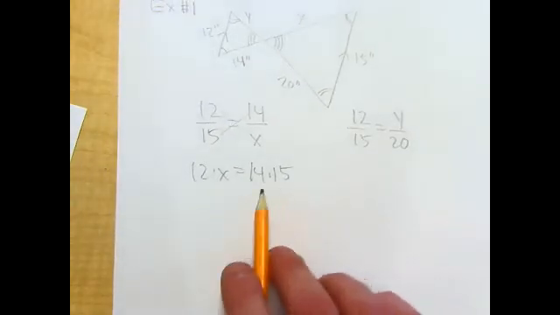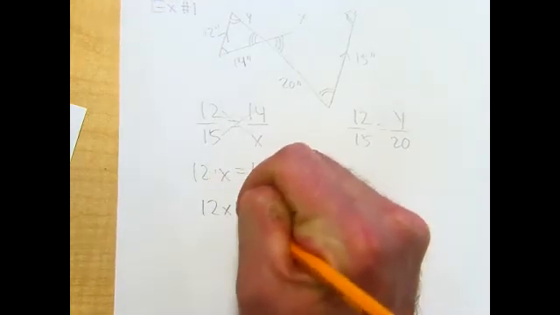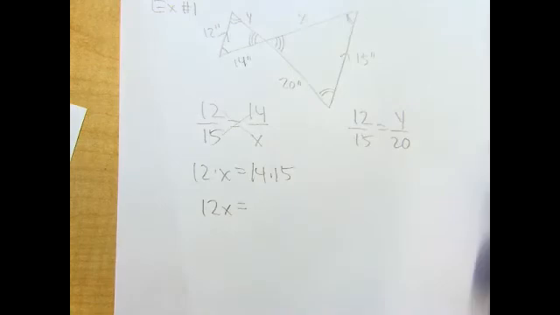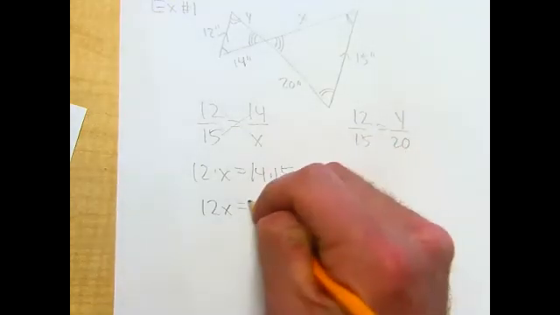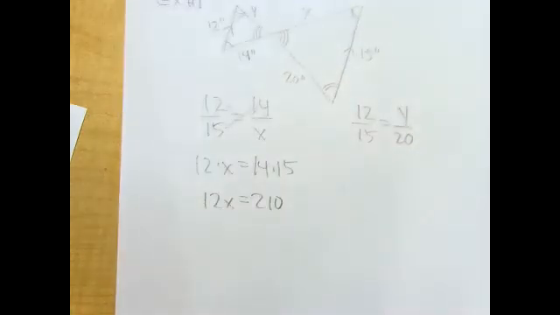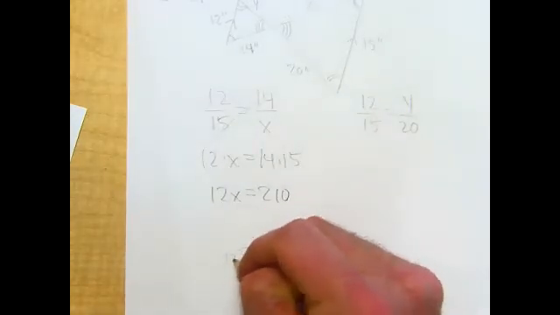And I'll tell you what, sometimes these numbers come out a little bit big, so if you needed to, you could stack that up and multiply it. I think it's 210, I believe. And then again, if you needed to, you could divide this out, 210 divided by 12.